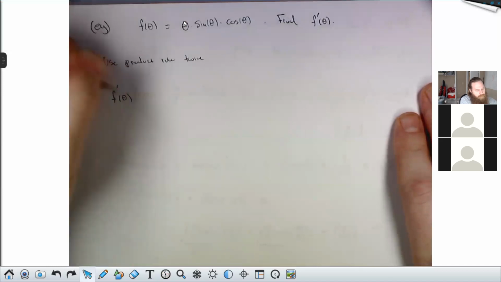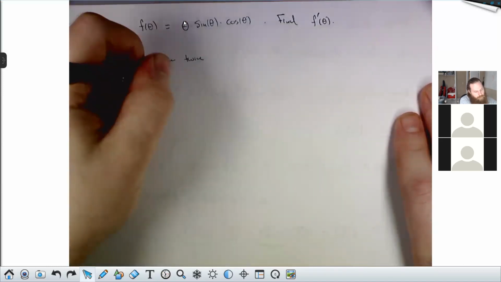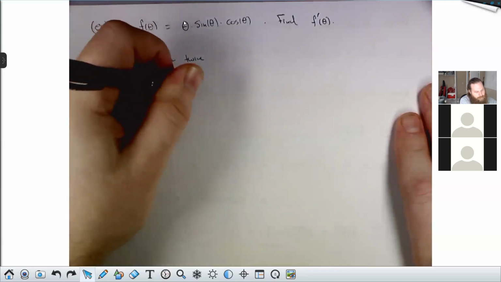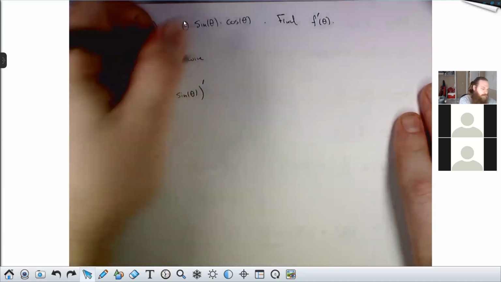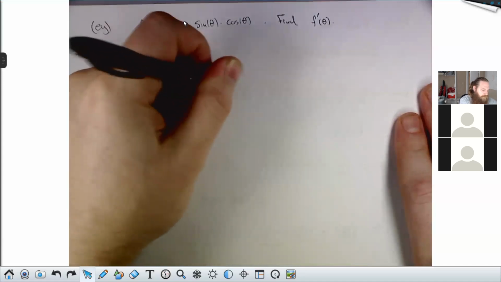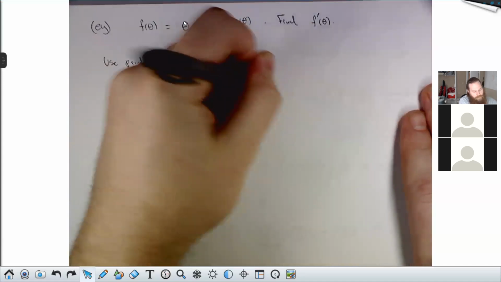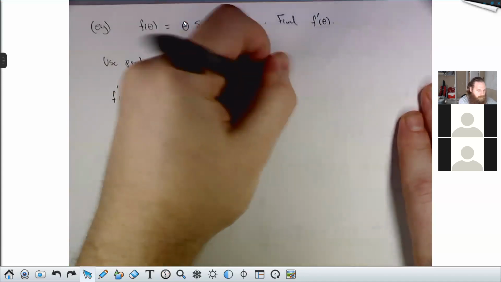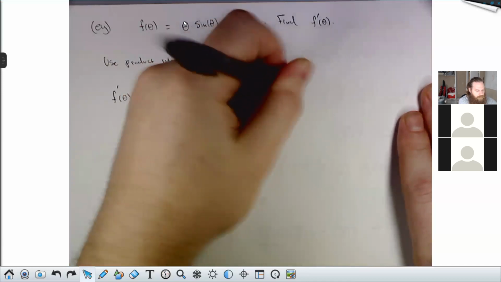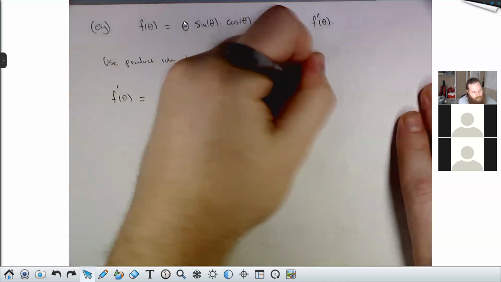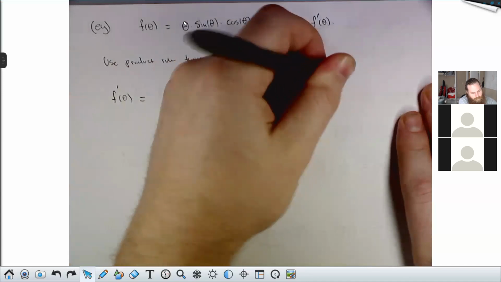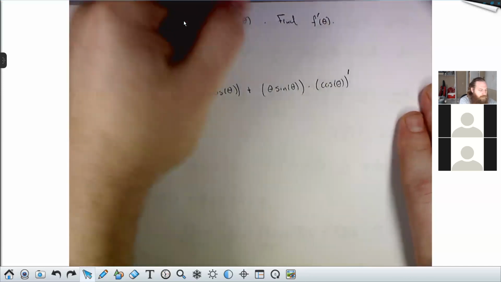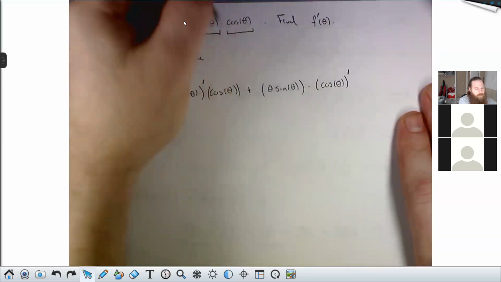F prime of theta, my derivative here, should be, I'll split it up like this. So I'm kind of splitting it up like this as one piece and this as the other piece.